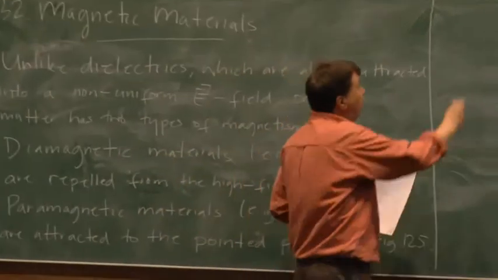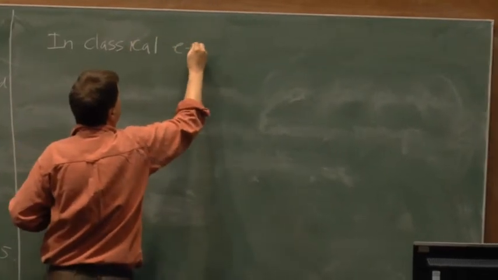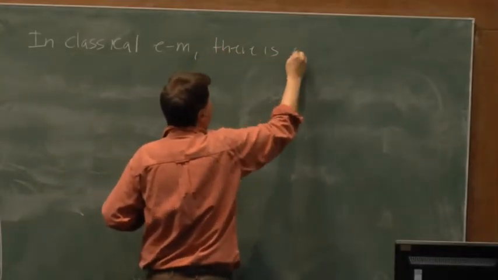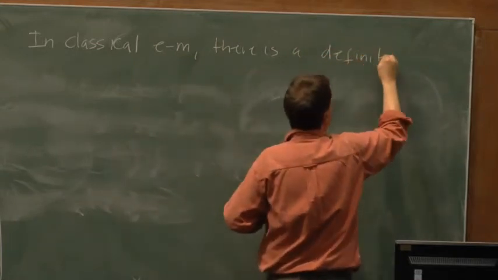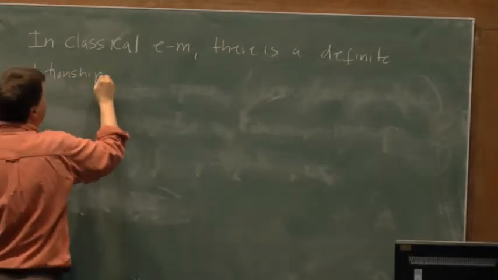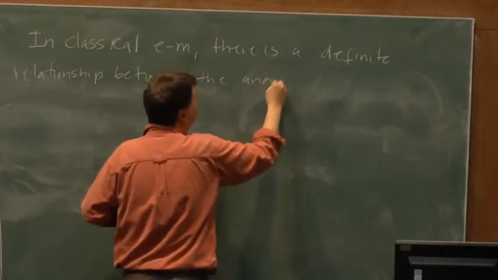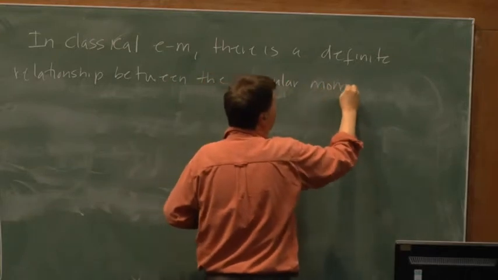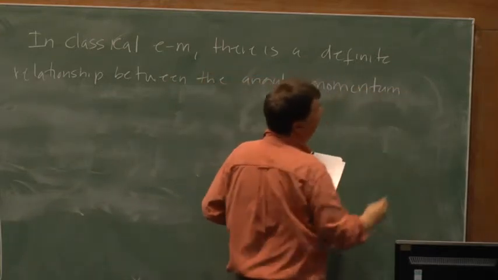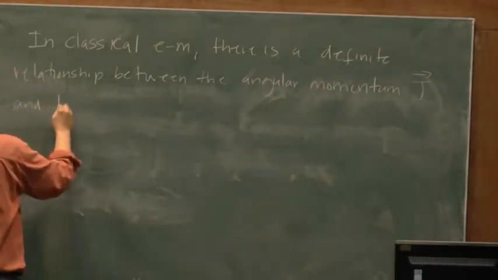Now, in classical EM, which is what we've been doing through the course, there is a definite relationship between the angular momentum, which we're going to describe by a vector J, and the magnetic moment.